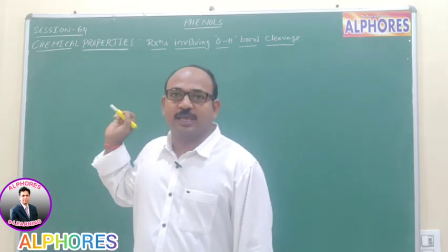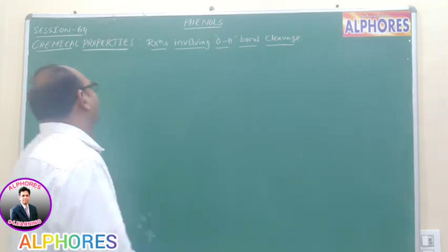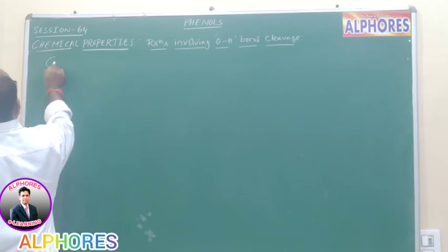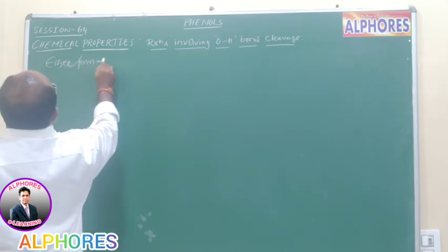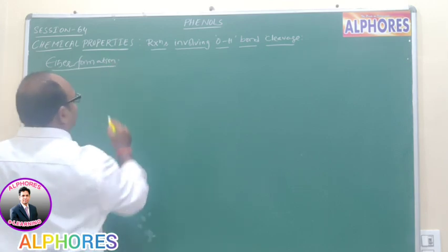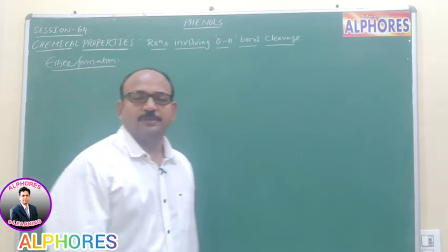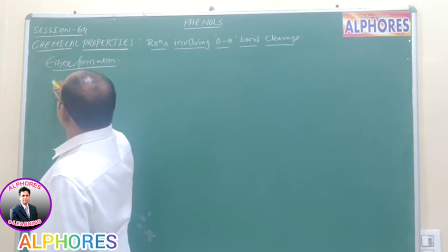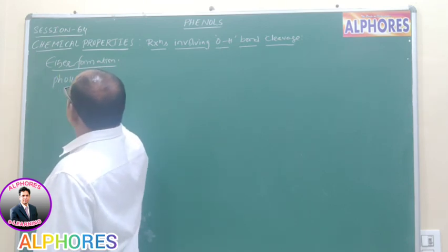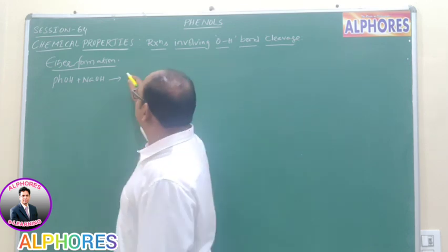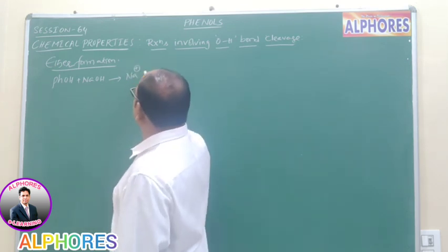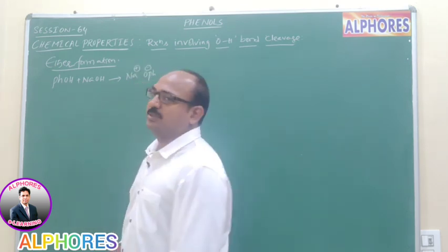So next, chemical properties. Phenol upon reaction with alkyl halides in presence of alkali. PhOH upon reaction with alkali, as we just learned, gives sodium phenoxide, Na plus PhO minus.